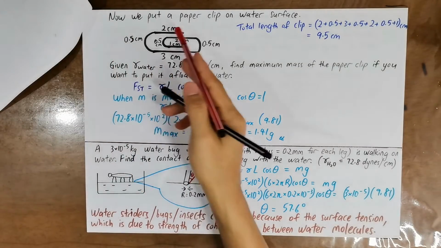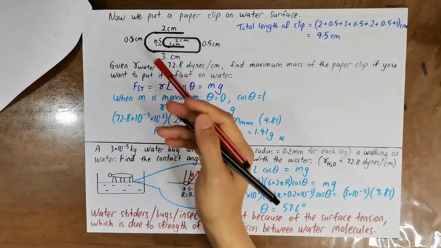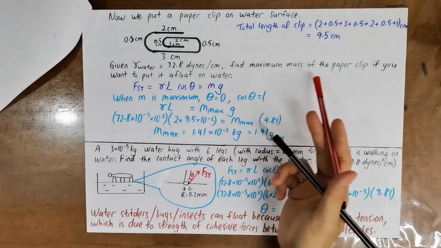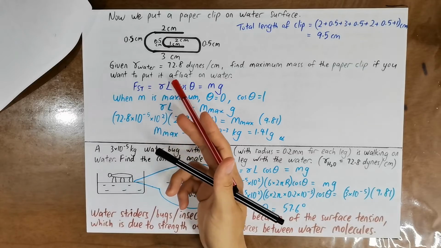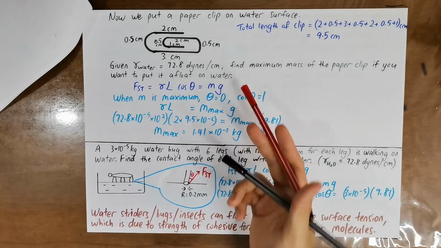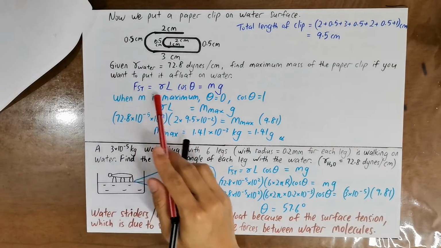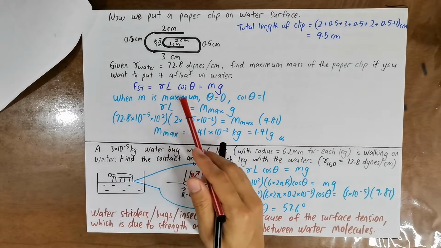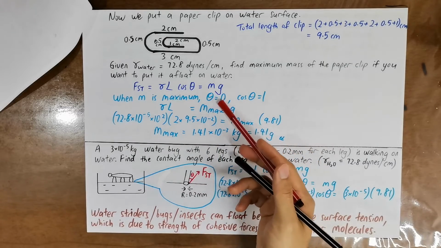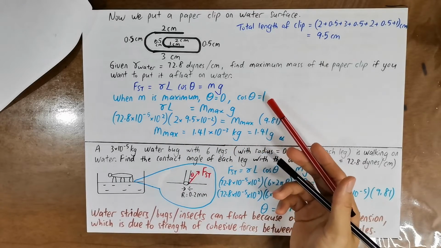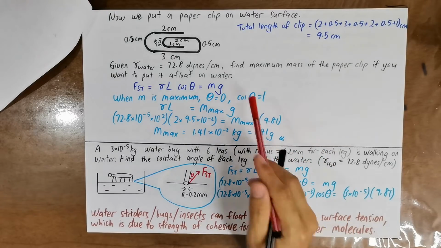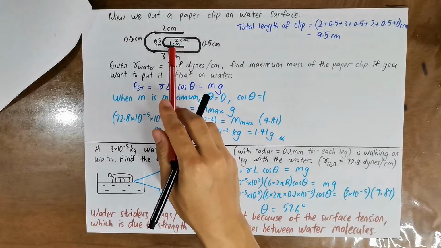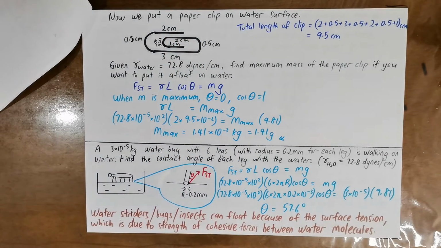Now you want to put a paper clip on the water surface, and you want to make sure the paper clip stays afloat. Once again, you use the same formula. Remember that when m is maximum, theta equals 0, the contact angle is 0, and the cosine function has the maximum value possible. Now, what is the effective length, the length where the surface tension forces act?